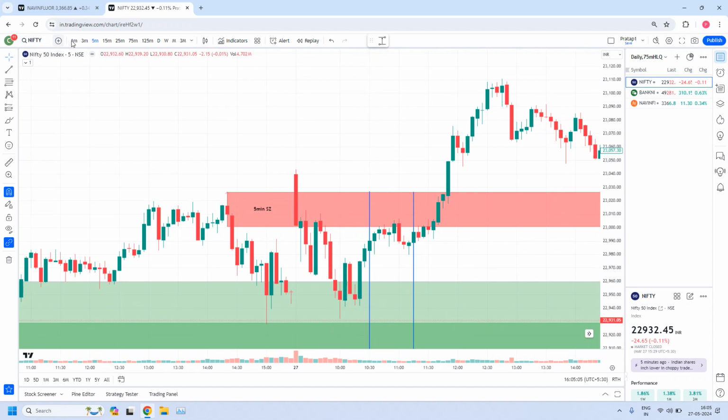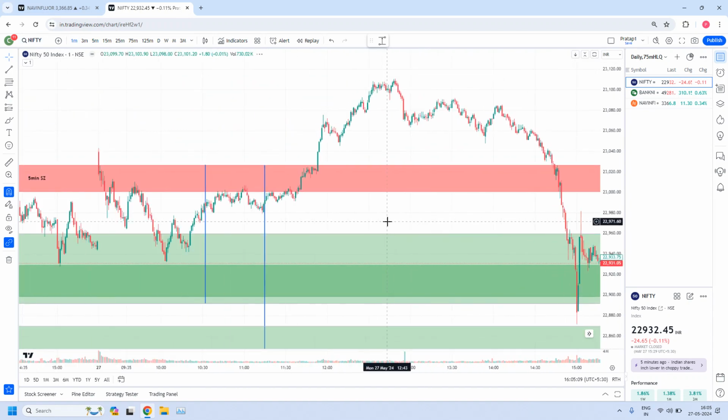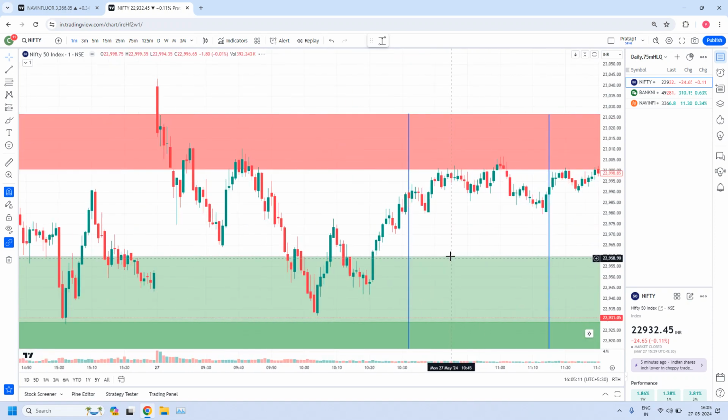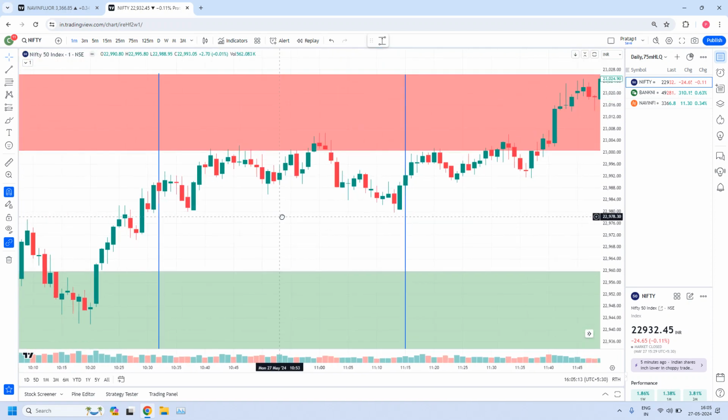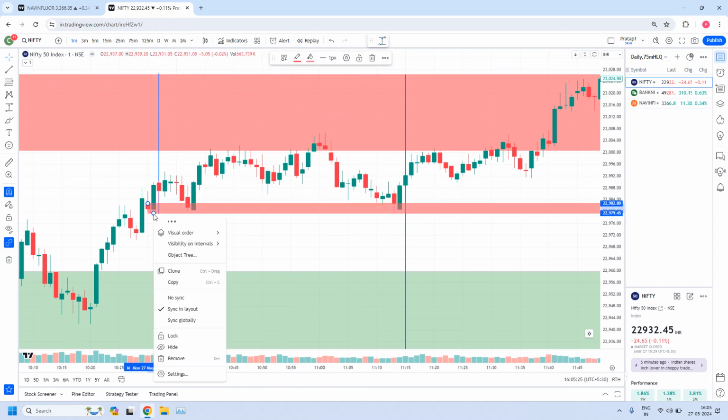If you would have followed 1 minute's trailing stop loss, now I went to the 1 minute time frame. See, 1 minute's demand zones are violated. You have a drop base rally. Again you have rally base rally. You draw this zone. This is a 1 minute demand zone.